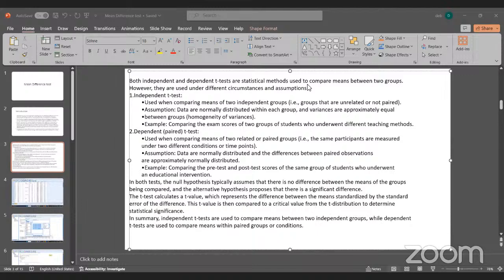So we are assuming in case of the independent t-test that both groups were drawn from the normally distributed population.